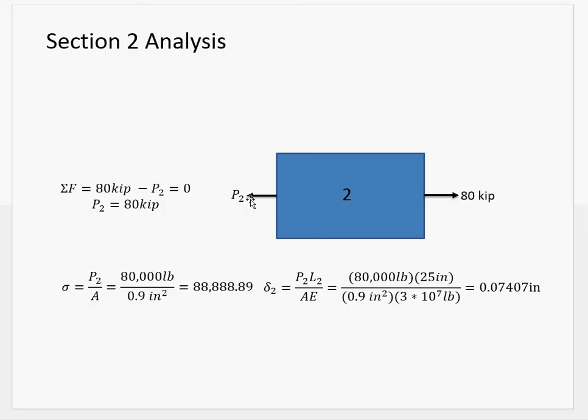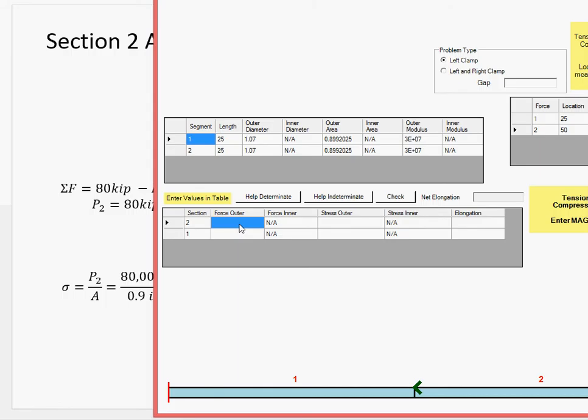You can see that the reaction load within the material, P2, only has the other 80 kip on the end, so equal. Now, inner force, inner stress, remember we just have a solid shaft, so we don't have to consider any inner anything. They're automatically filled out for you.